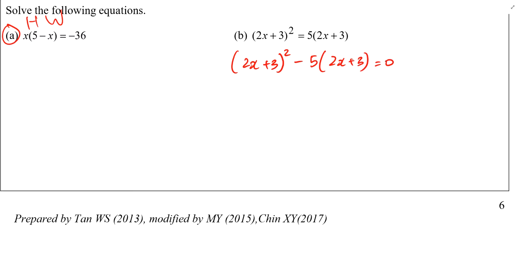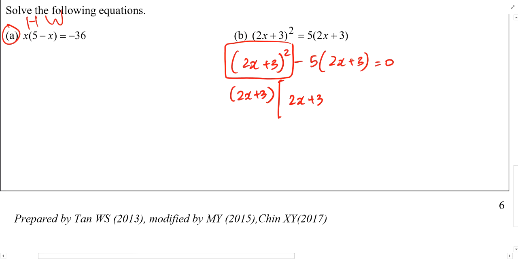Okay, somebody gave you the answer already. Joban, what is it? Factorize. What is the common factor? 2x plus 3. That is our common factor. After I divide the first term by 2x plus 3, what is left? I'm left with 2x plus 3 again. Next, the second term.